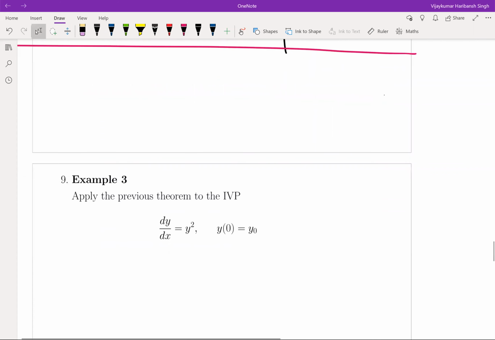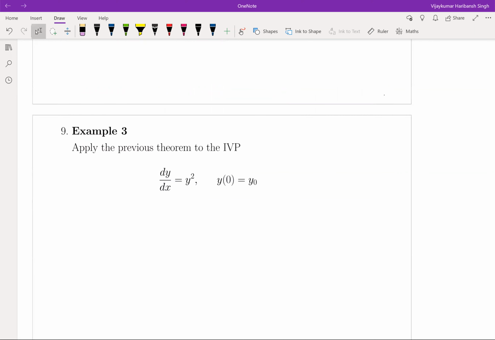So now let's apply the previous two theorems to this IVP. What do we have? We have dy by dx equals y square, where y of 0 is equal to y naught. So first question, what kind of differential equation is it? This is first order, clearly, because we have dy by dx, but is it linear or non-linear?